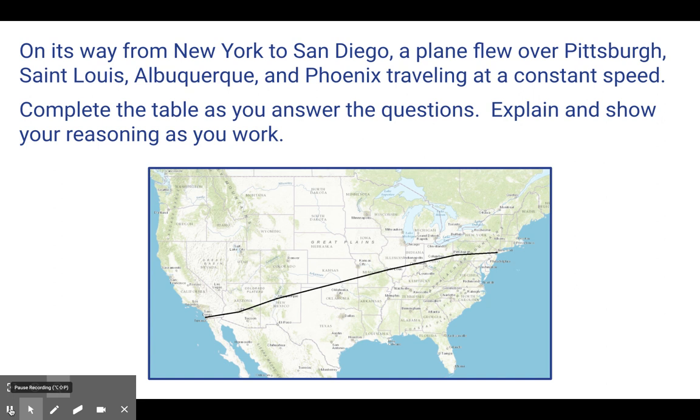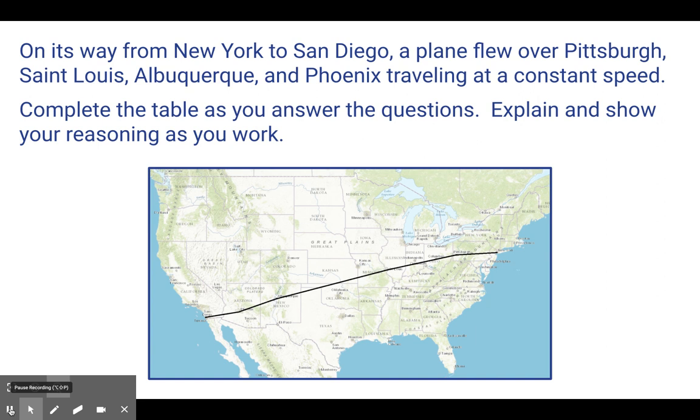If you look, the first part that's there is a segment, a time listed, the distance, and then the speed. So, with that being said, let's complete the table. So let's go ahead and answer some of these questions.